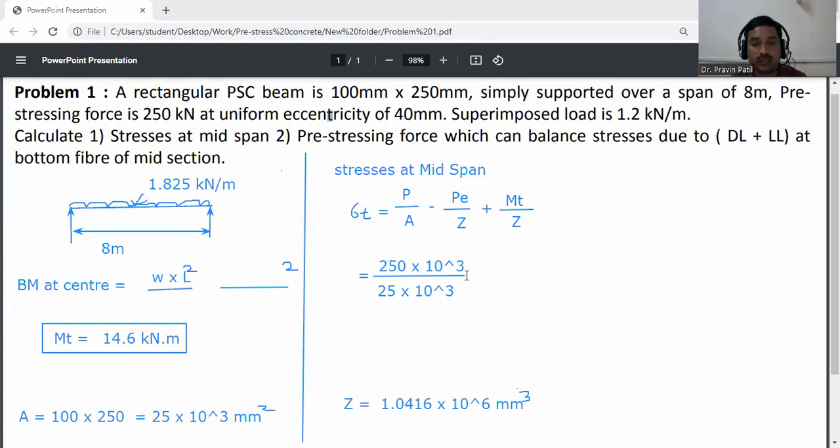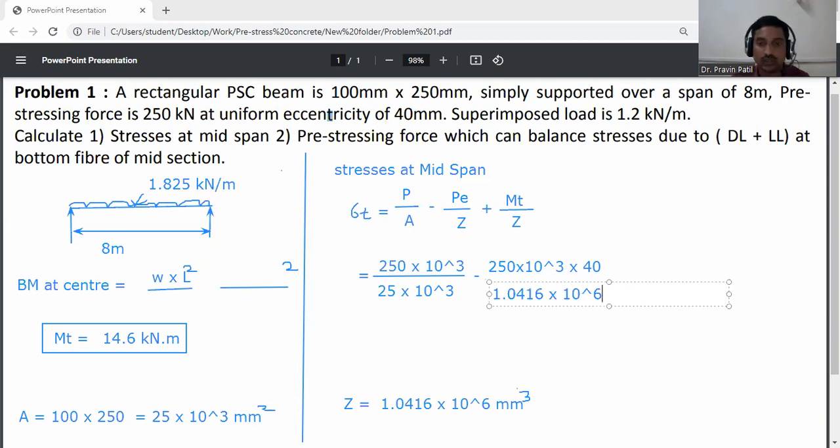Then minus P E, 250 into 10 raised to the power 3 into eccentricity 48, divided by Z, the section modulus we calculated, 1.0416 into 10 raised to the power 6.